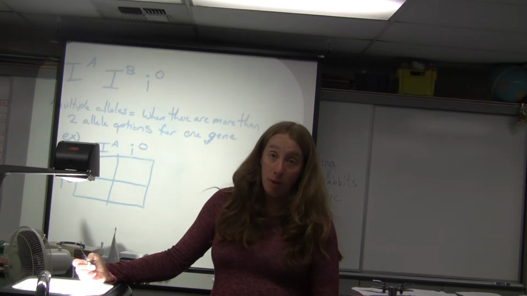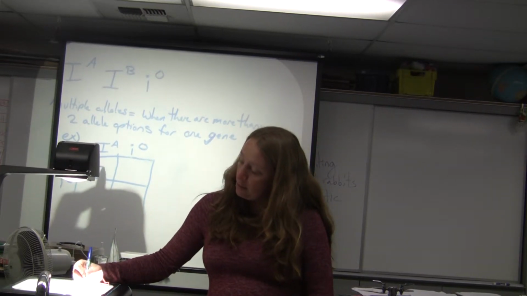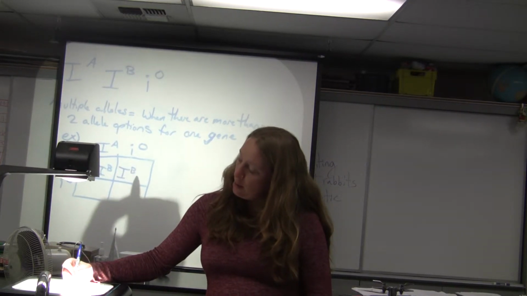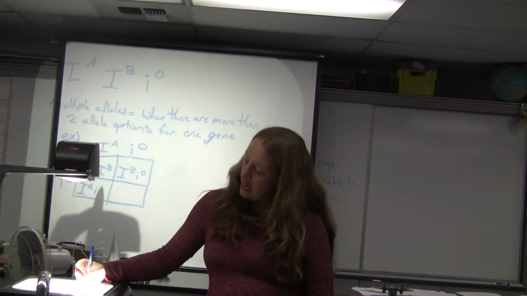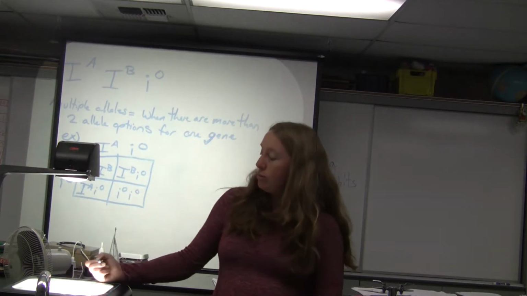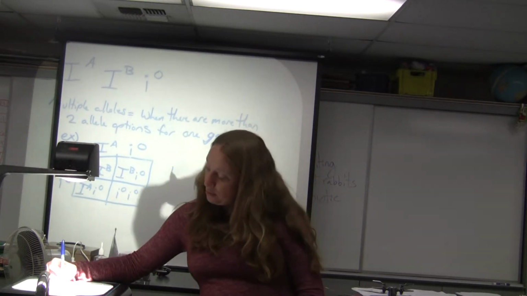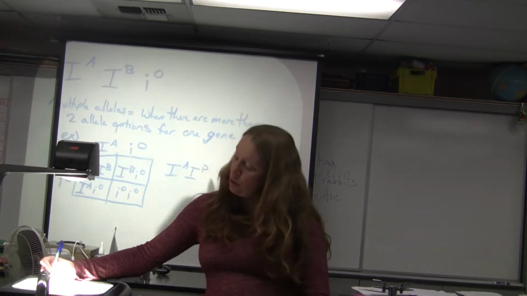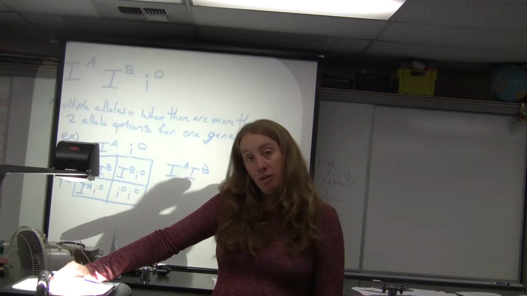So now when we put these blood types together, we have blood type AB, blood type B, blood type A, and blood type O. So let's talk about this one for a second. We have someone with a blood type that's got two dominant genes, but they're different.